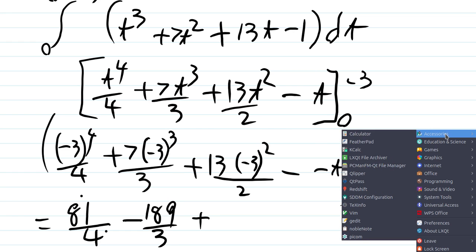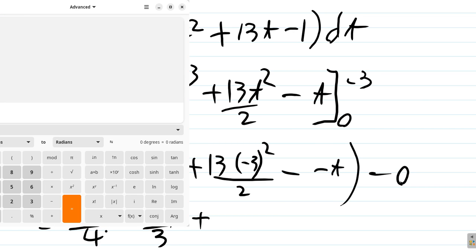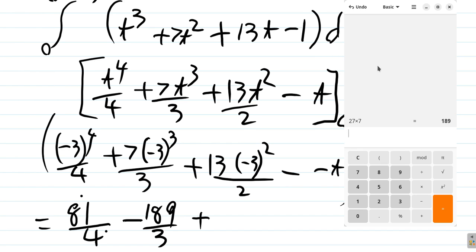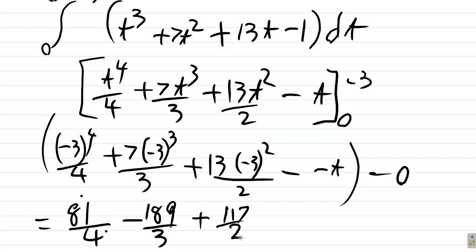let's get back to our calculator to work this part out. So what we have is 3 3s 9. I mean, this is a negative 3 squared. 3 3s 9. 9 by 13 is what? 117. So that's 117 divided by 2 plus, no, t.